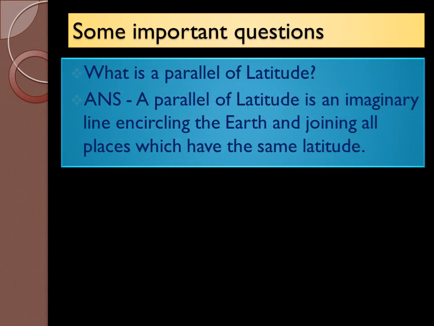Next question is, what is a parallel of latitude? And the answer is, a parallel of latitude is an imaginary line encircling the earth and joining all places which have the same latitude.